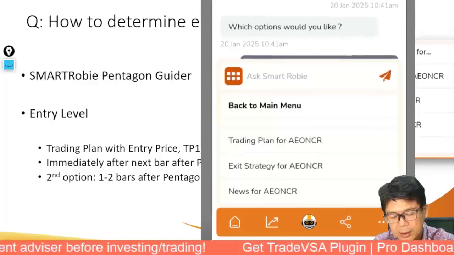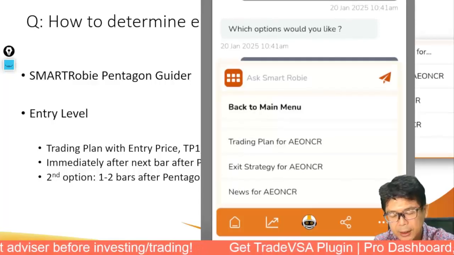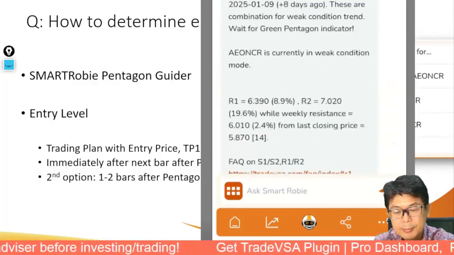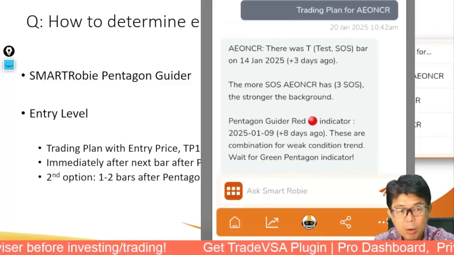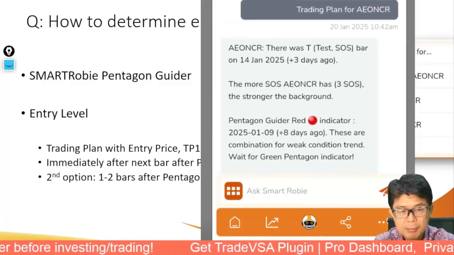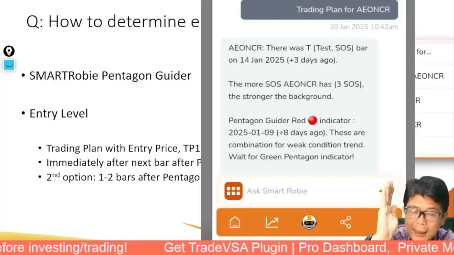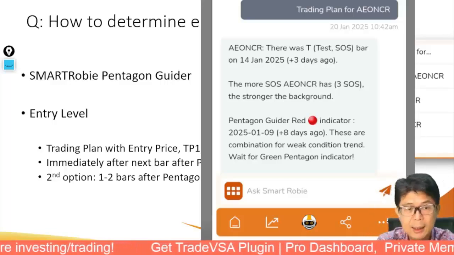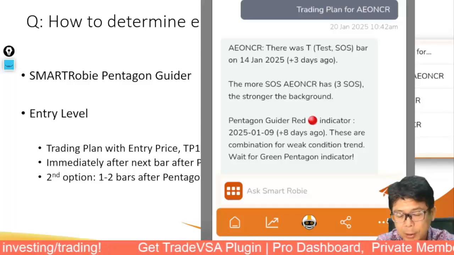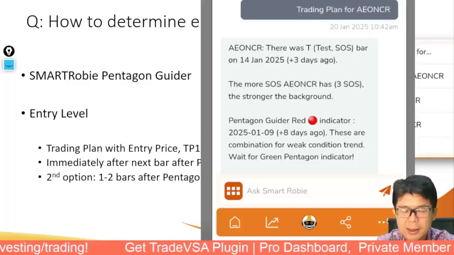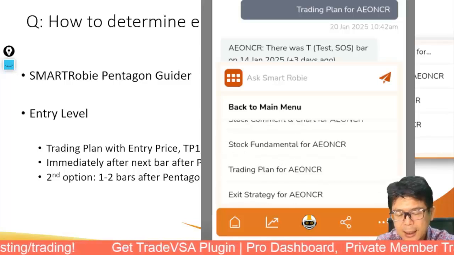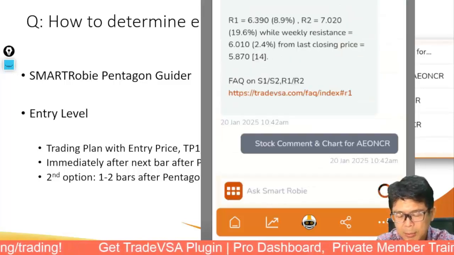If we look into that, and we want to see trading plan, we don't see a buy call trading plan here. Which means the red pentagon or the green pentagon happened previously. Only when the stock is valid, which means there's a buy call for it at the green pentagon within the 3 days, you'll see the trading plan. All right. So in this case, we'll look at the stock chart, stock comment.